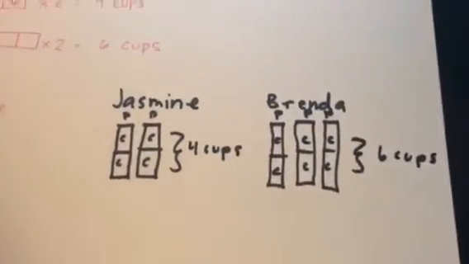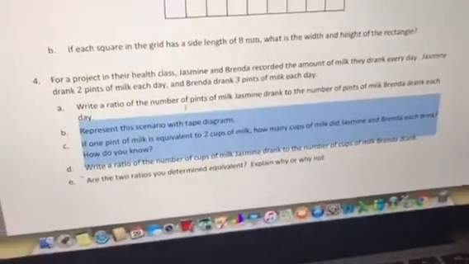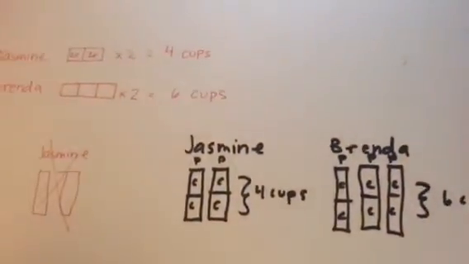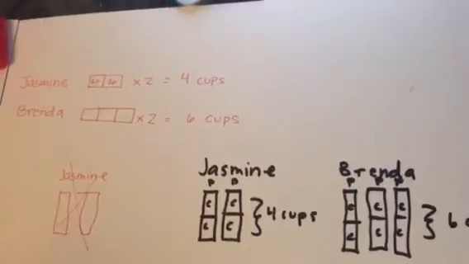Okay? So let's just make sure we answer the question. We showed how we knew. We showed how many of each they would have. And we know this because for every 1 pint, there are 2 cups.